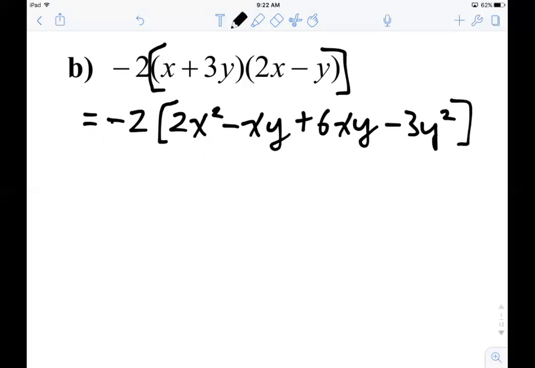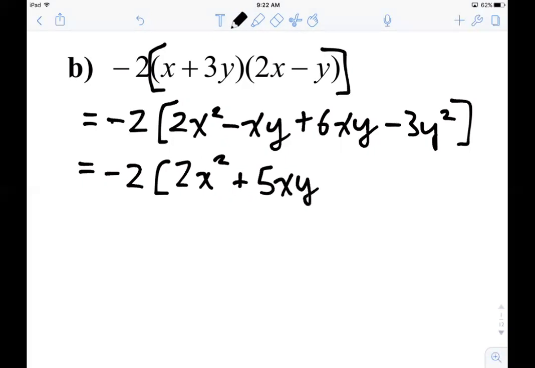And again, I could multiply negative 2 by everything if I wanted to at this stage, but I can do this a little bit easier if I first simplify what I have inside. So I'll keep the negative 2 along for the ride for now. And I can take my 2x squared and leave that there, but now I can combine those two middle terms inside the bracket. So positive 5xy. And I still have my minus 3y squared.